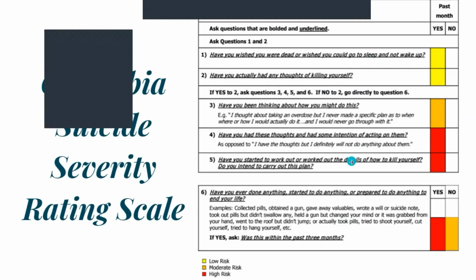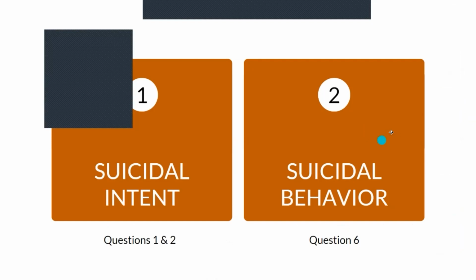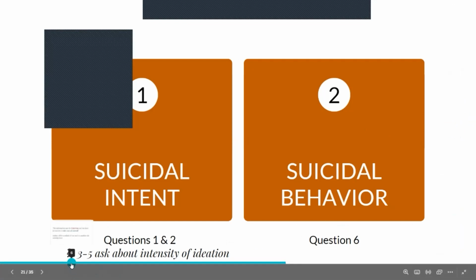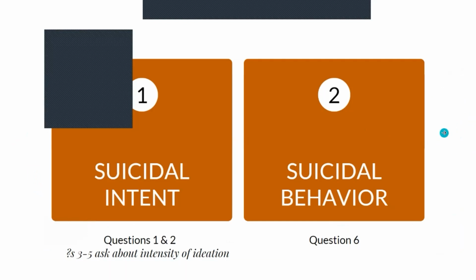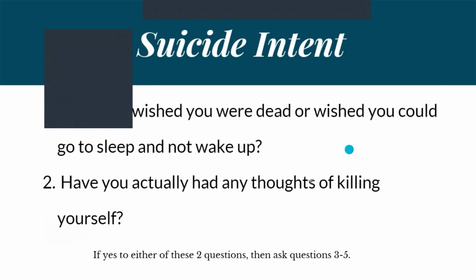So these first 5 really are about suicide intent, and then question 6 is asking about suicidal behavior. Questions 3 to 5 are asking about the intensity of the ideation. So how intense is their ideation? So let's talk about the first 2 questions here about intent first.